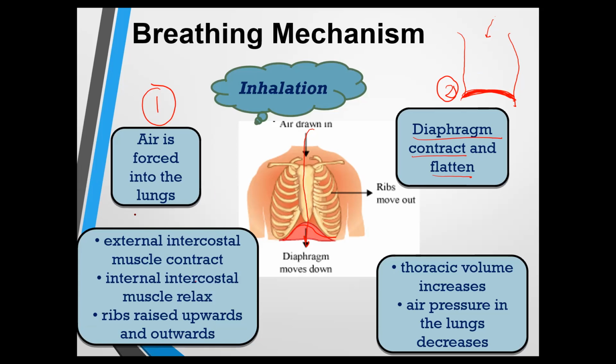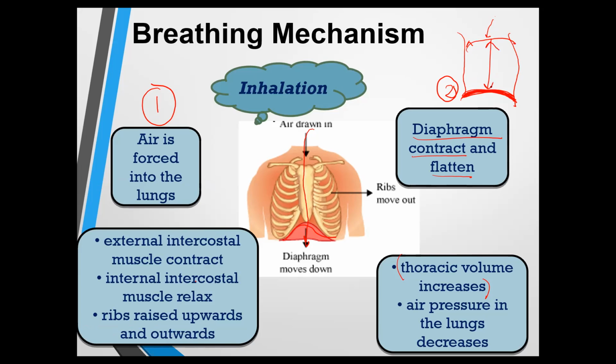Can you see that the thoracic volume increases? That means I have more volume here. Just now when my diaphragm was higher, my thoracic volume was only from here to here, very little. But when it flattened and went all the way down, sorry, the volume increased, my thoracic volume increased.